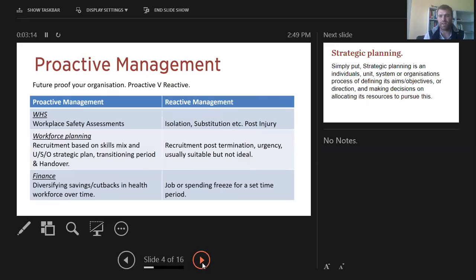You look at that and do the structured assessments that work health safety academics have put together, looking for the key risks and ways to control them at that level. A reactive approach would be, post an injury, waiting until something happens, someone has a fall or something falls on someone, and at that point you would look to isolate and substitute whatever caused the injury.